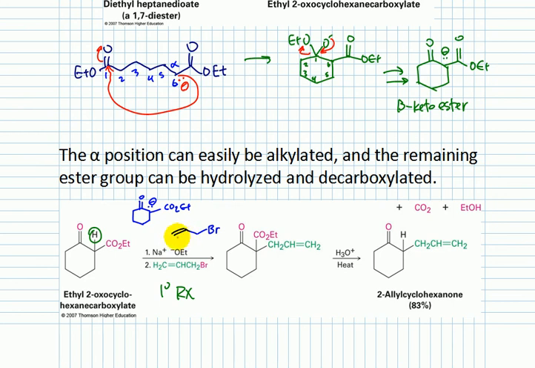It's a primary bromide. We do an SN2 reaction, and we alkylate right at the alpha position.